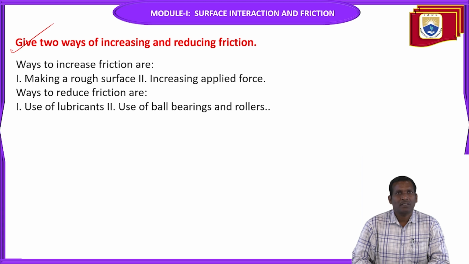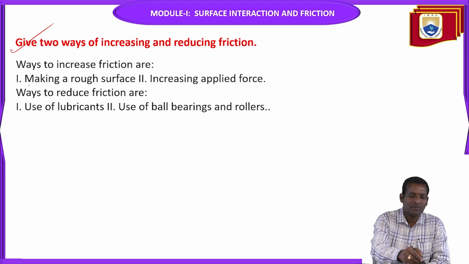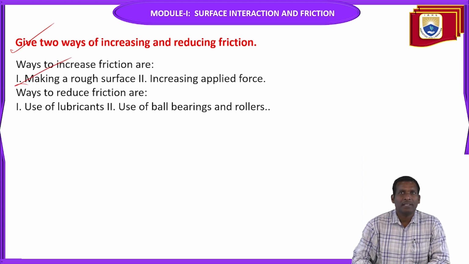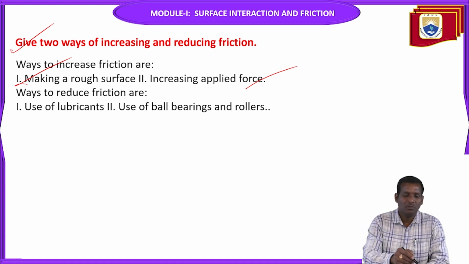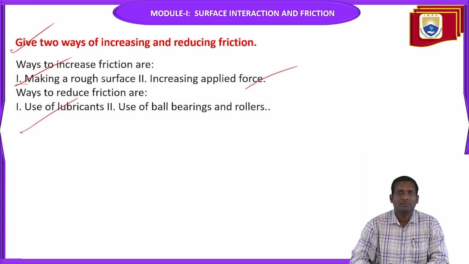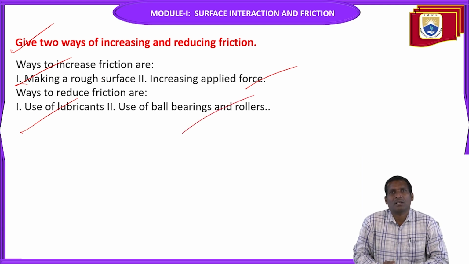Ways to increase friction are making a rough surface and increasing the applied force. Ways to reduce friction are the use of lubricants, and the use of ball bearings and rollers. These are the methods of reducing friction.